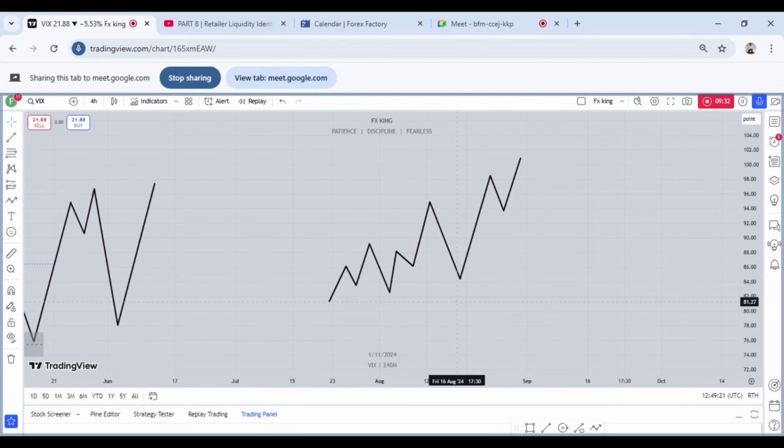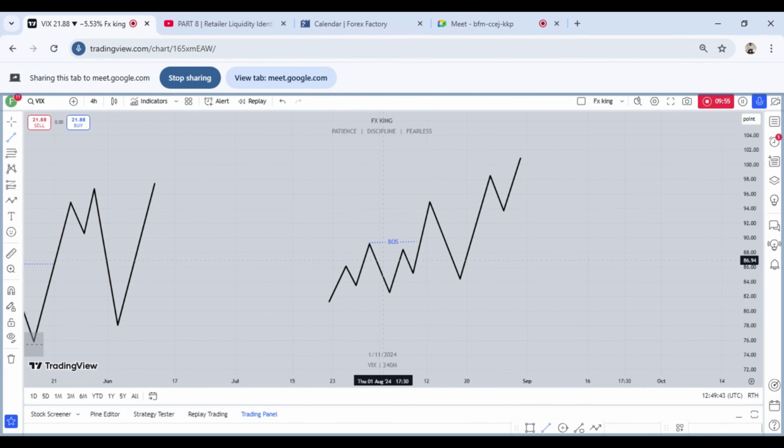Now, if you want to map out this structure and see which one is a valid break of structure, you start from here. This is our first valid break of structure in this case. So let me label it break of structure.